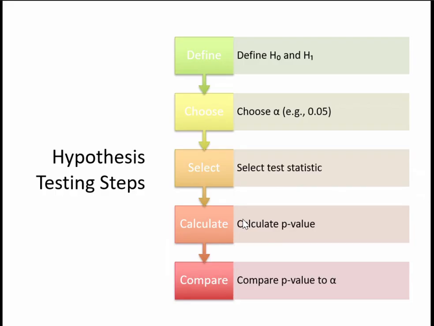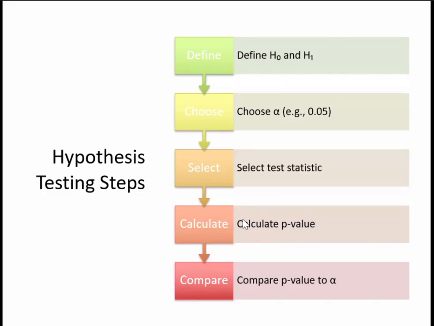Then we have the significance level, the alpha sign here. So the next step is to choose the significance level. The significance level is just the probability of you rejecting the null hypothesis when it is correct.